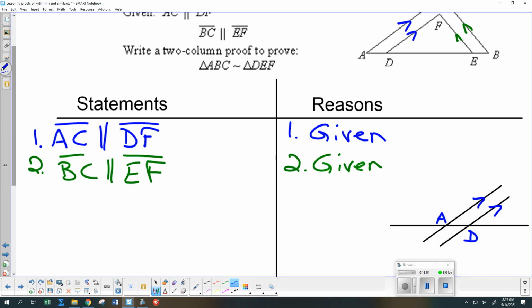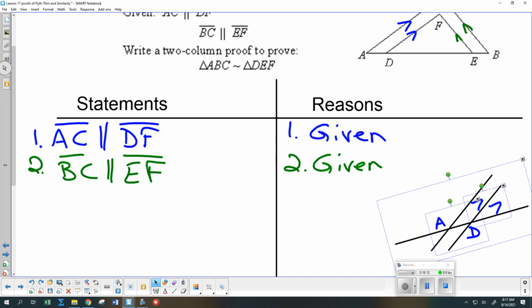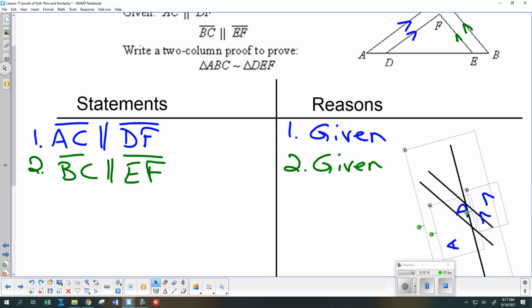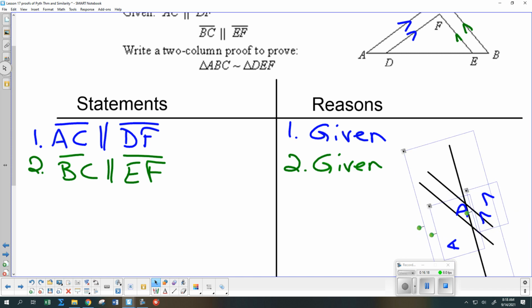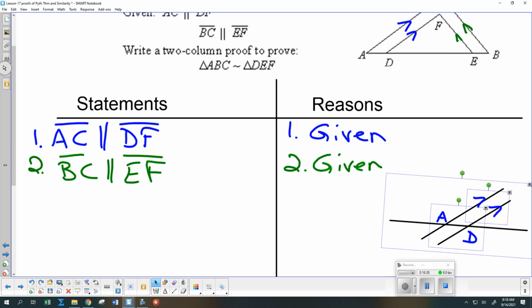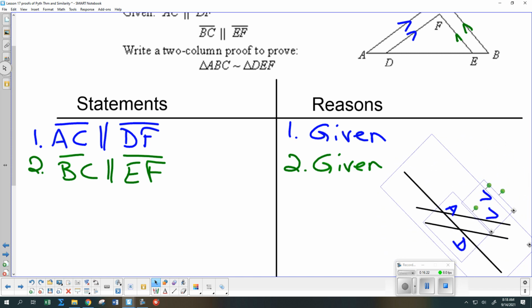Okay, if I turn that just a little bit, so if I turn that more a direction that you're kind of used to looking at it, let's see, if I do it maybe that way.